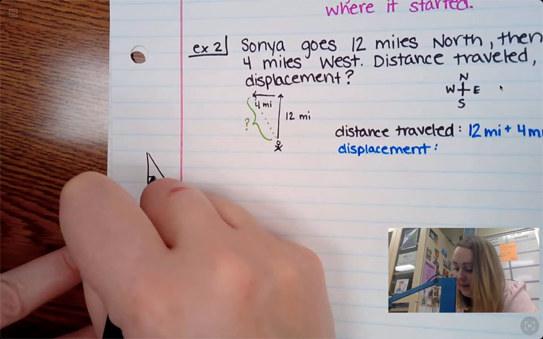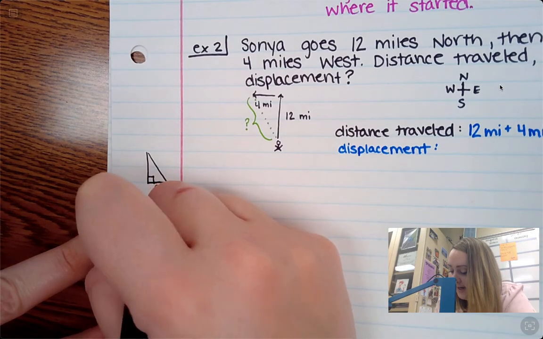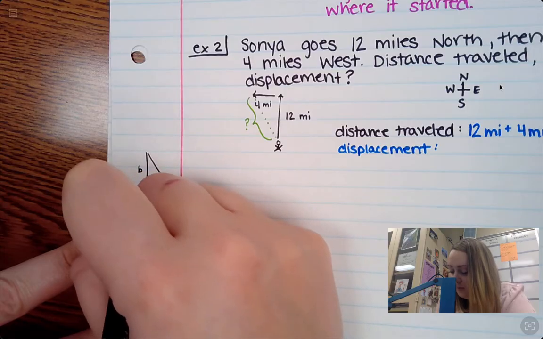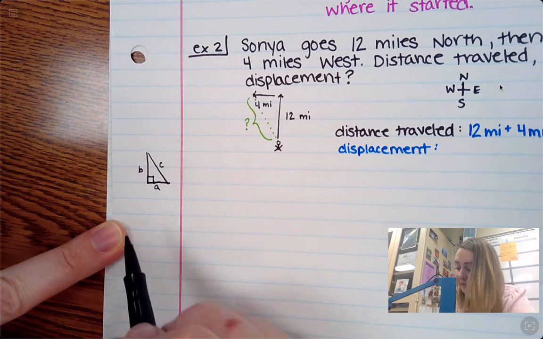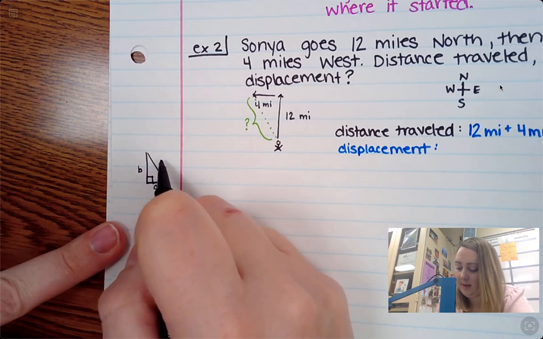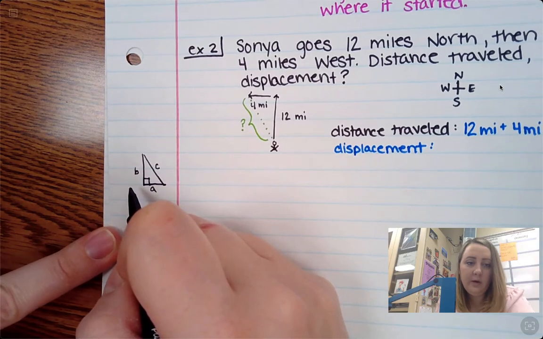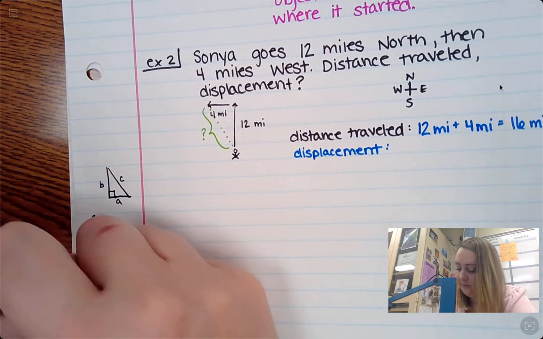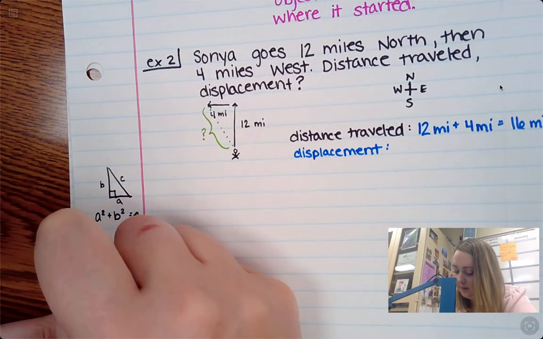When you have a 90-degree angle, A and B are the straight sides by the 90, and C is the hypotenuse, which is across from the corner. So now if I use that, the formula is A squared plus B squared equals C squared.